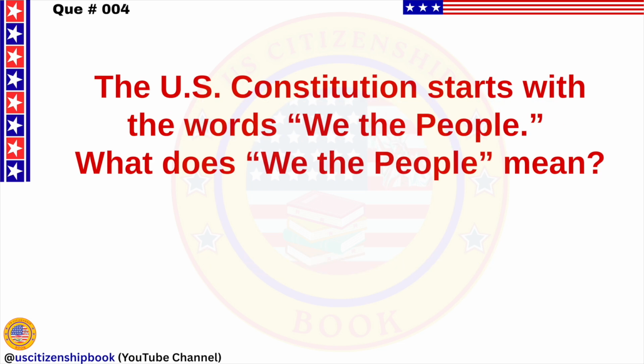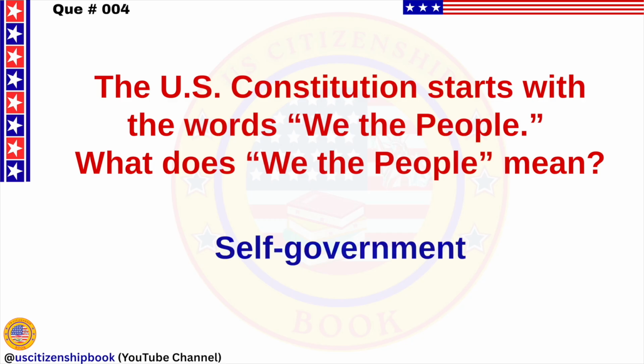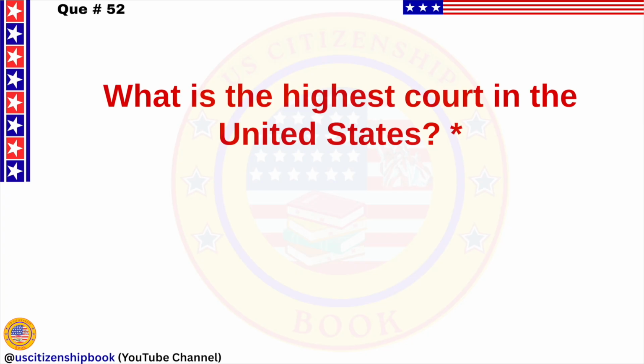The U.S. Constitution starts with the words, "We the people." What does "we the people" mean? Self-government. What is the highest court in the United States? Supreme Court.